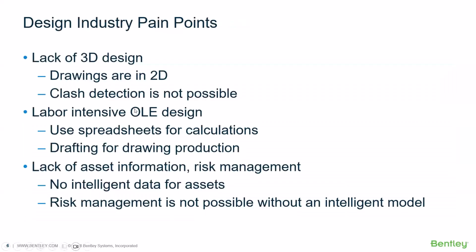To mitigate these pain points that we have in the industry, that's where OpenRail Designer can actually help you. To begin with, the very first thing we are using is 3D design. So we are working in 2D, and we have 3D in parallel.